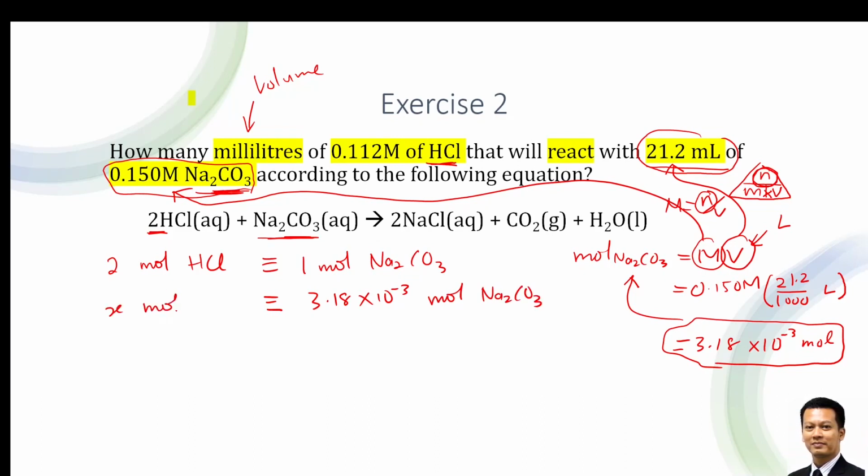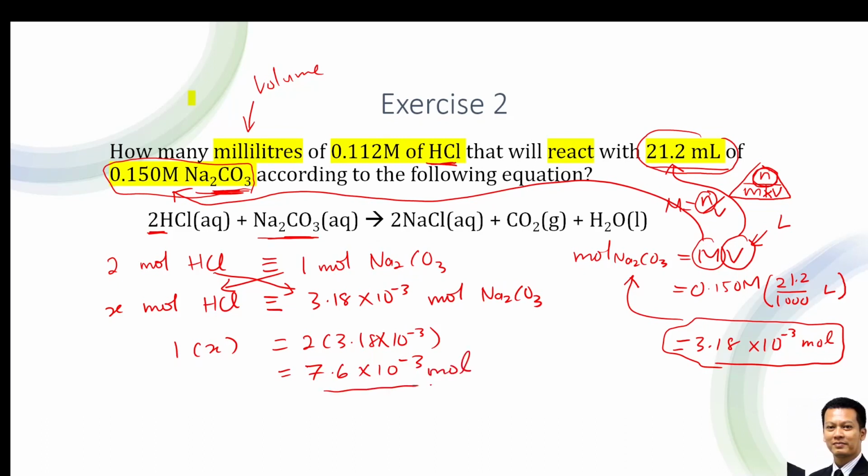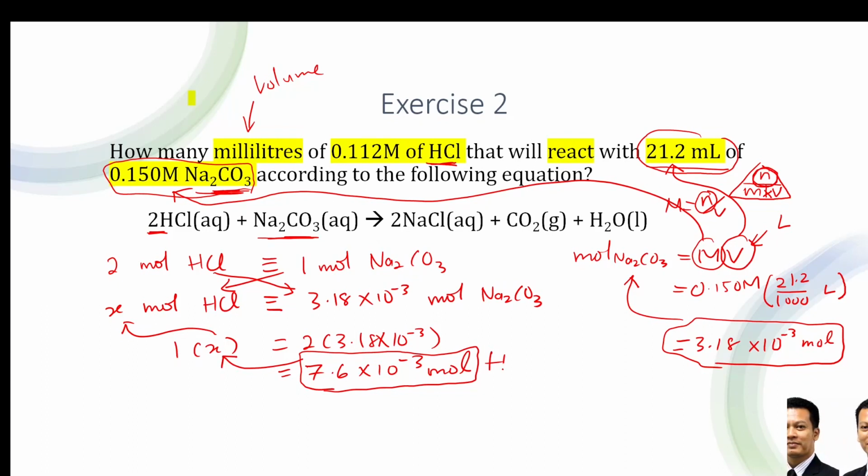This one we don't know, so X. If you see the pattern like this, you need to cross product. 1 times X equals 2 times 3.18 exponent -3. So you calculate and the answer will come out 7.6 exponent -3 mole. And what is X? X is mole of HCl.